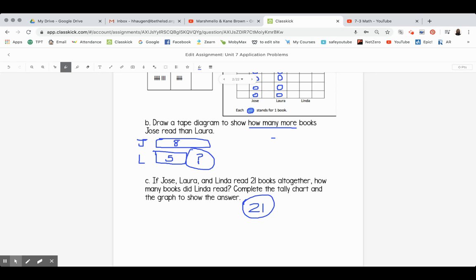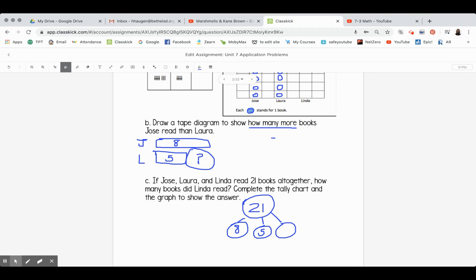Now what parts do we know? Well, we know Jose, and he read 8. We know Laura, and she read 5, right? But what we don't know is Linda. So that's a question mark right now.